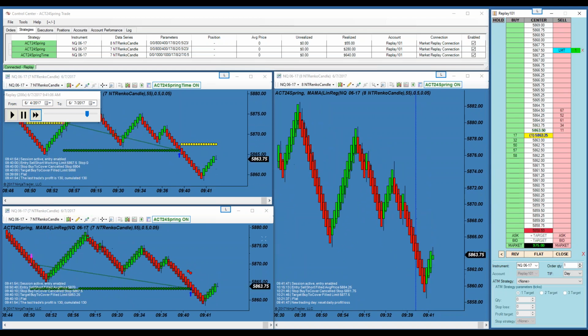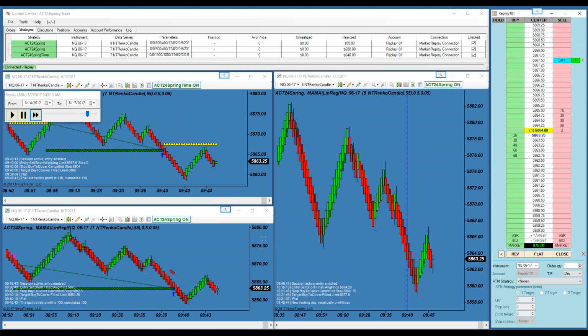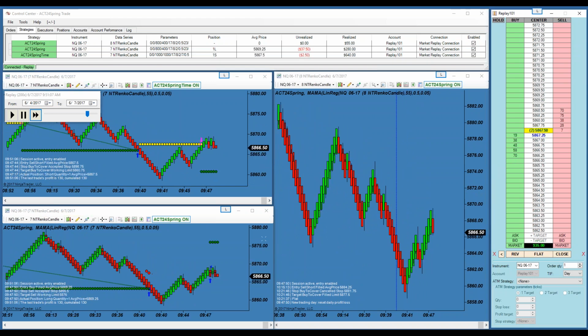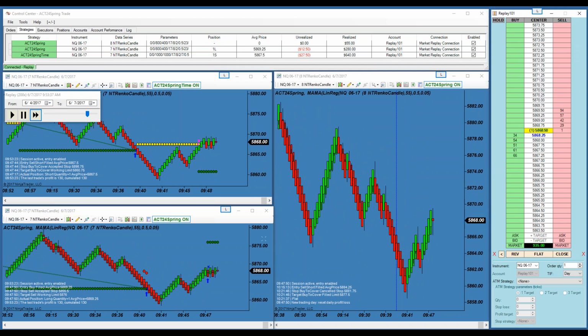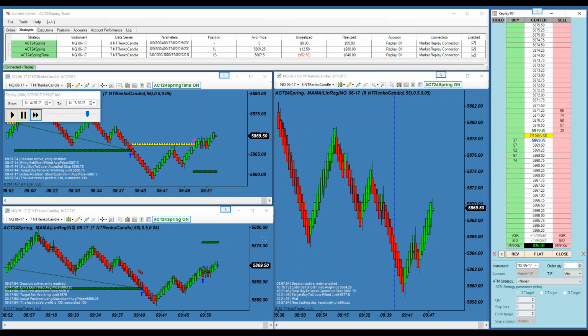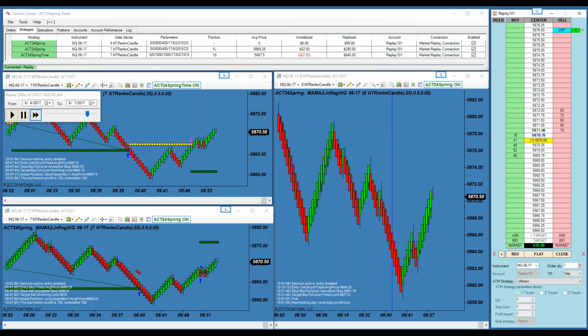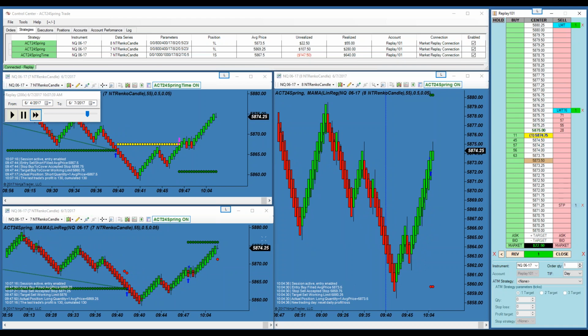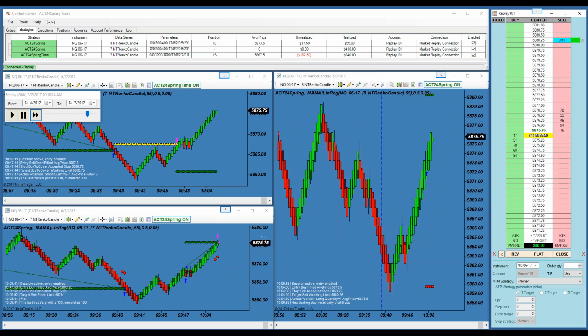Order filled. They both hit. Order pending. Okay, so now the market's moving. It's around crude oil inventories this past week time, and the market's moving. Order pending. Order filled.